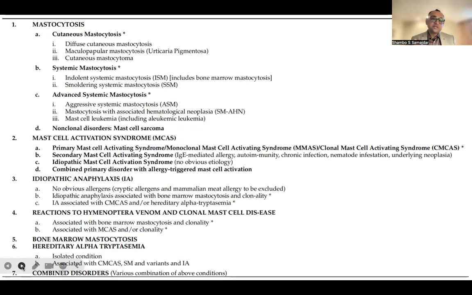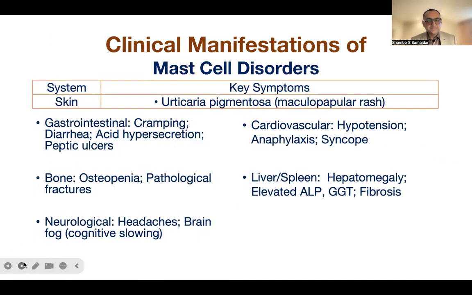If we want to understand the detailed classification, this is the list you can see on the screen, with the different types of mast cell disorders, starting with mastocytosis, to mast cell activation syndrome, to idiopathic anaphylaxis, to reactions to Hymenoptera venom and clonal mast cell disorders, bone marrow mastocytosis, hereditary alpha tryptasemia, and any combination of the above conditions.